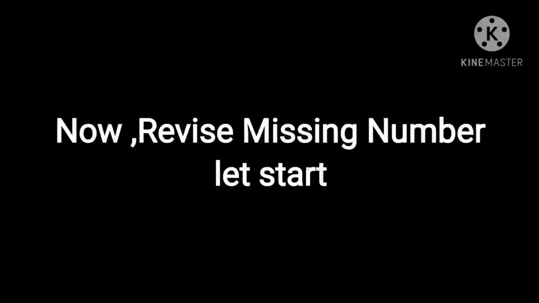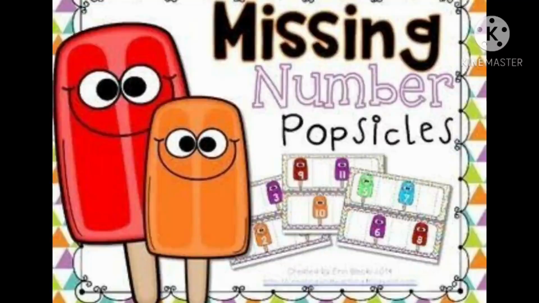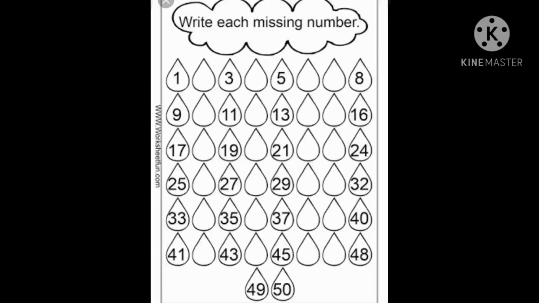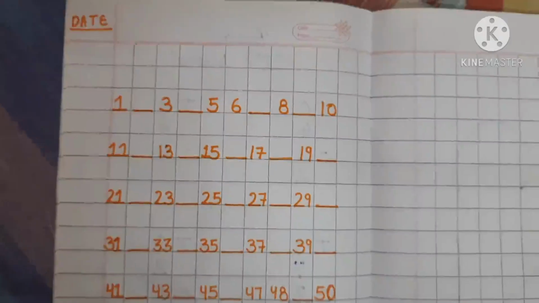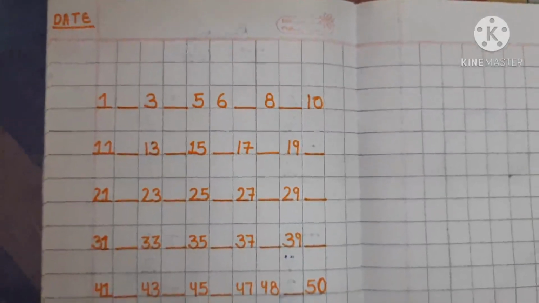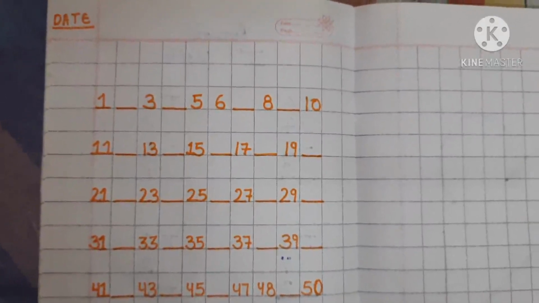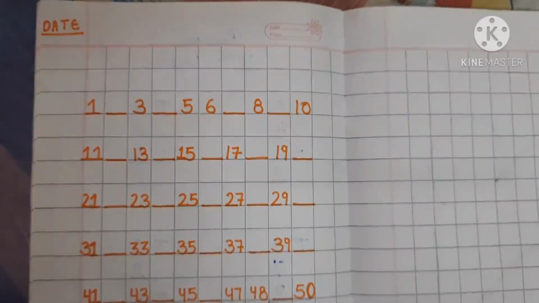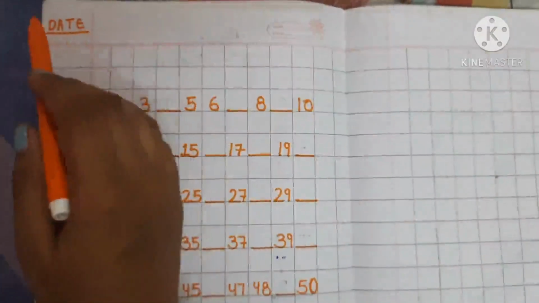Now revise missing number. So let's start. Students, please take out your maths notebook. On the left hand side, write down date.